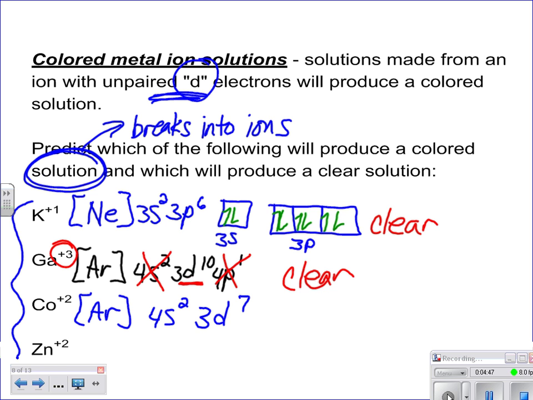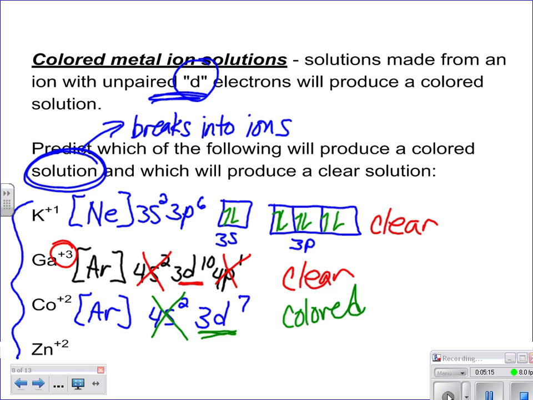It's not neutral, it's got a +2, so it's going to lose 2 electrons, and those come from where? The 4s. Those go away. So what we end up seeing, if you need to, you can draw some orbital spin diagrams. You could draw some boxes on those, but you could look at that and are there any unpaired electrons? Yes, there are. So would it be colored or clear? Colored.